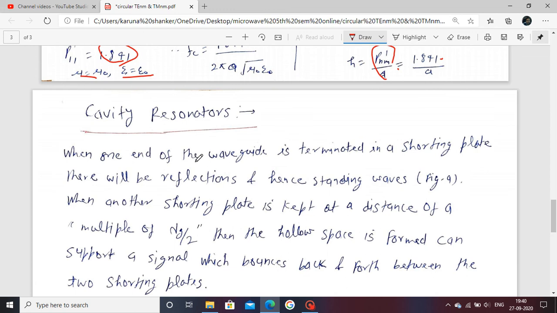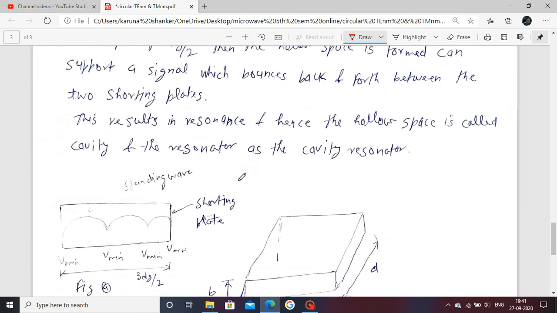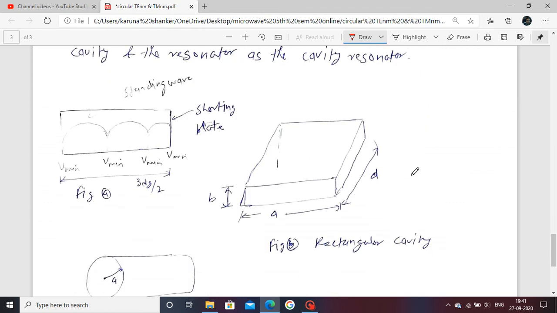How do we form a cavity resonator? The word cavity resonator means a particular resonance is obtained from this device. Suppose this is your rectangular waveguide.